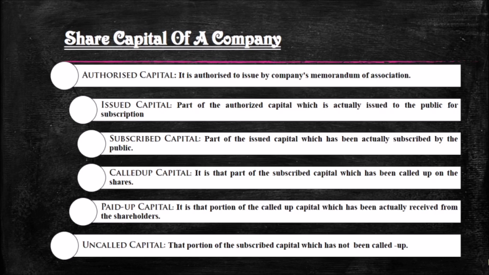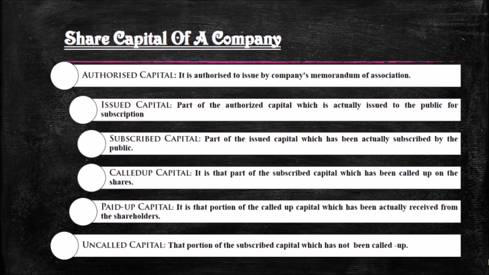You have already learned it in the class 11 chapter formation of a company. Authorized capital is the initial investment, noted in the capital clause of the memorandum of association.